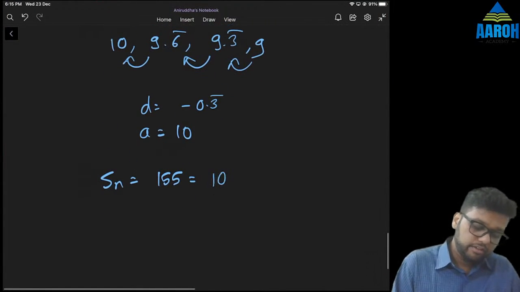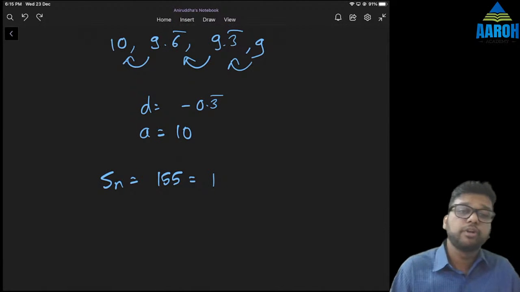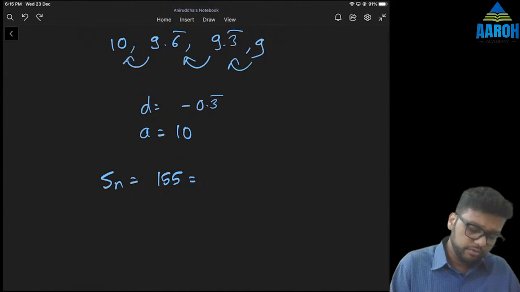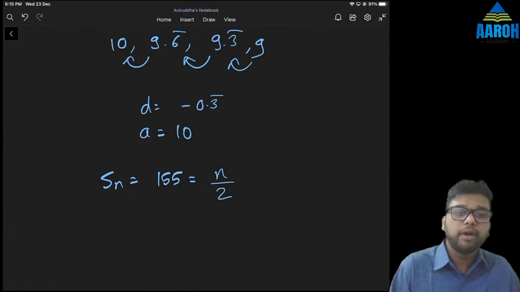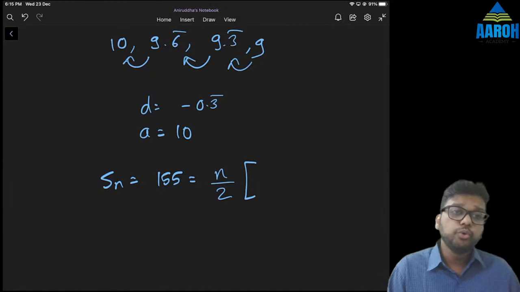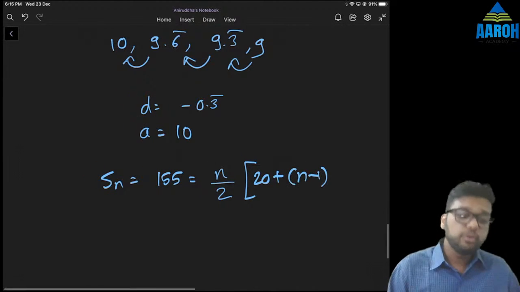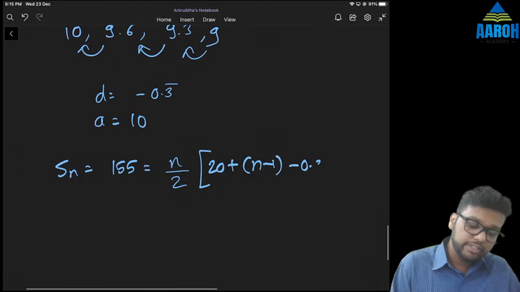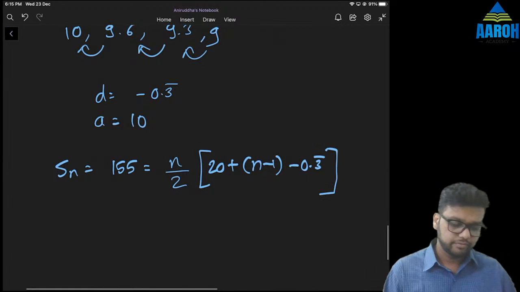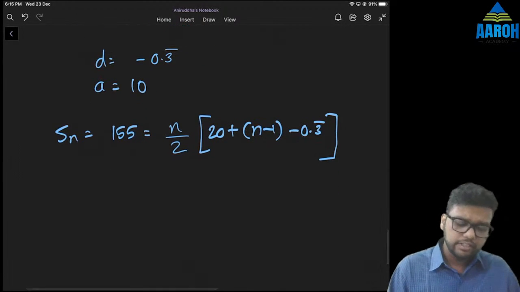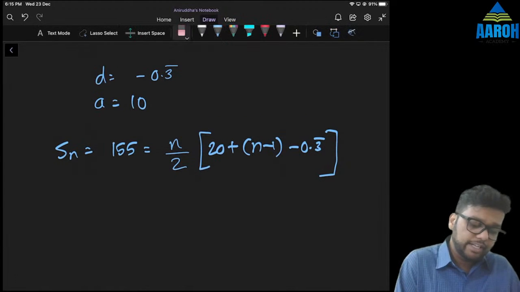Let's use the formula of Sn directly. n by 2 into 2a plus n minus 1 into d. 2a will be 2 into 10, 20. d is minus 0.3 recurring, which we can write as minus 1 by 3.